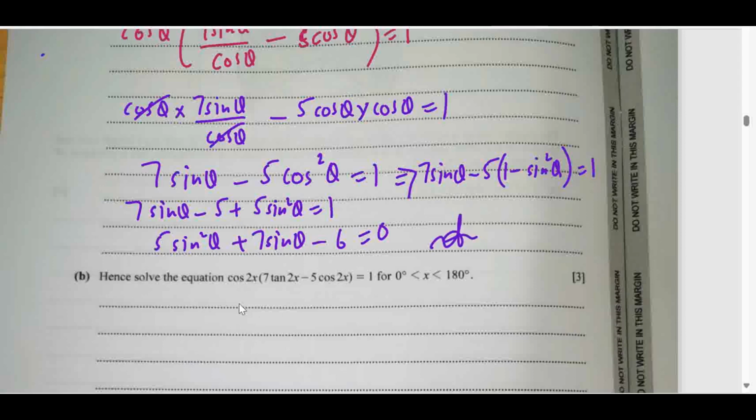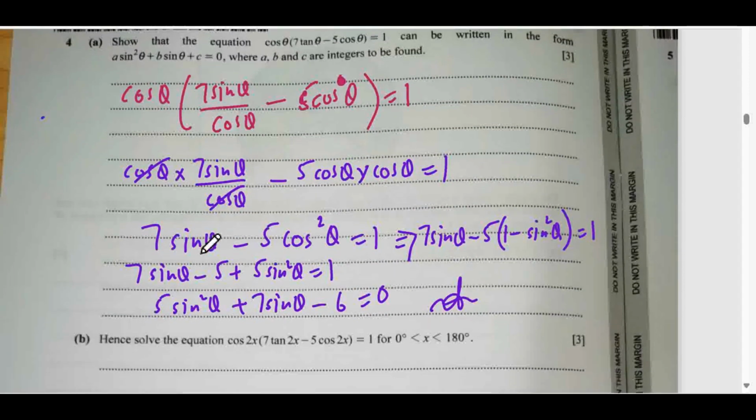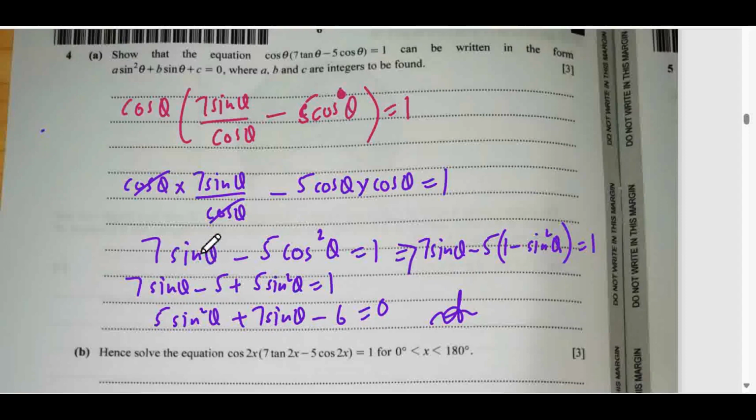Now let's move to the next one. In the next one we can clearly see that the difference between the A and the B part is of the angle. So cos 2 theta. Now we know that theta is equals to 2x.